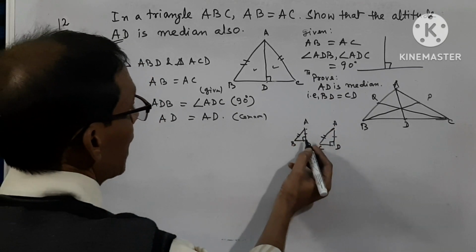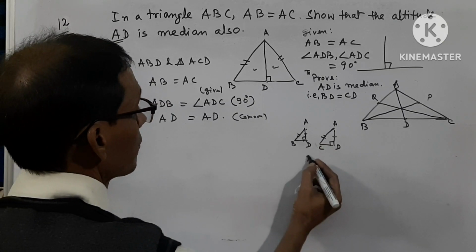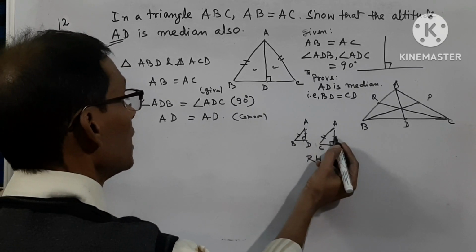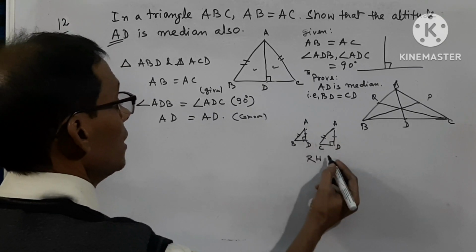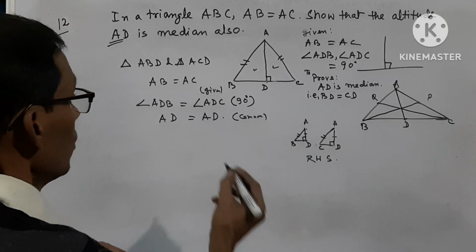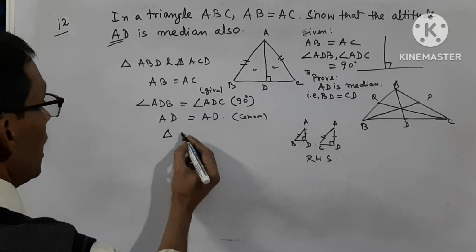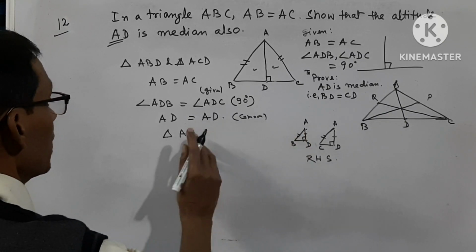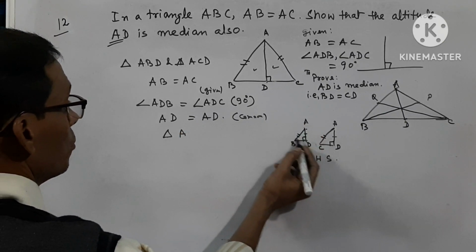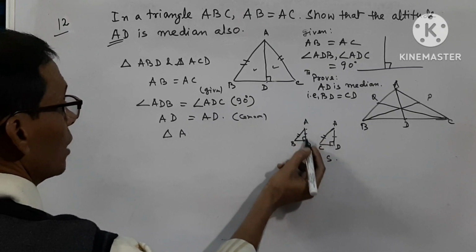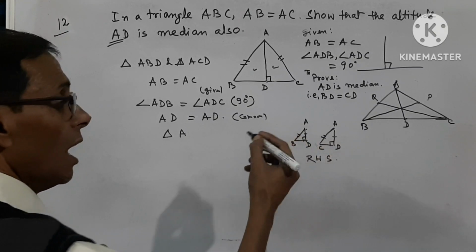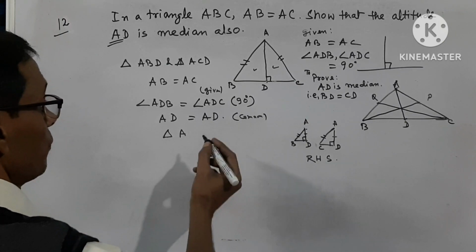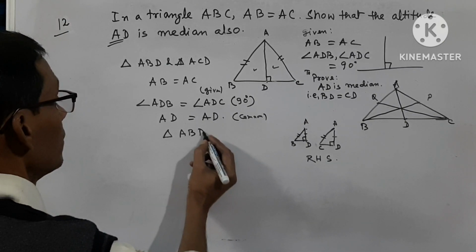So see, right angle R, hypotenuse equal H, and one side S. You can write triangle ABD, whichever sequence you write, you have to write the other triangle the same way.